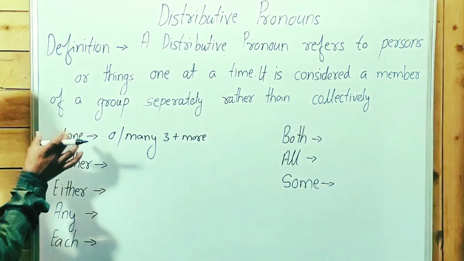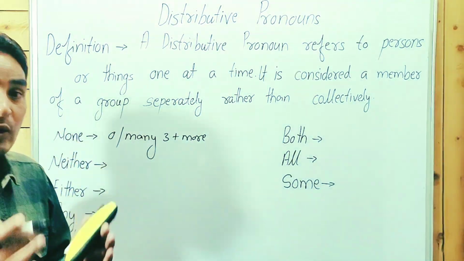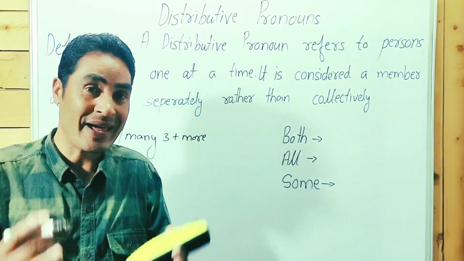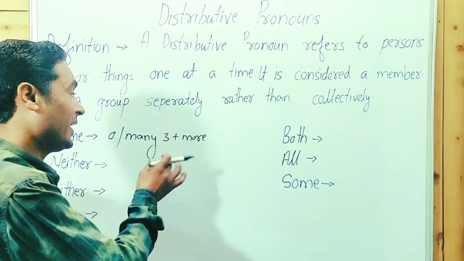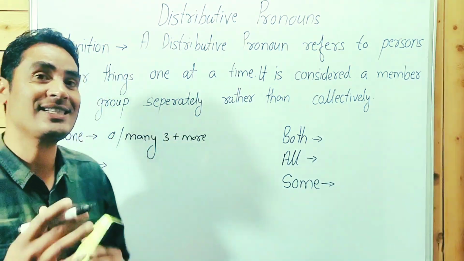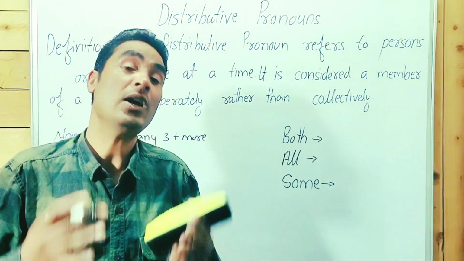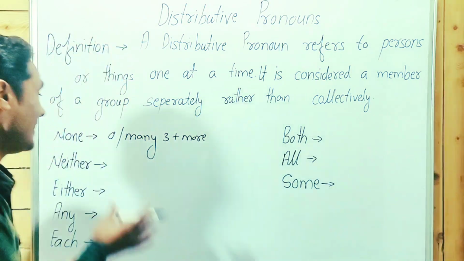None can be used when we have to show zero out of many: zero out of 3, and you can say zero out of more than 3 people and things.